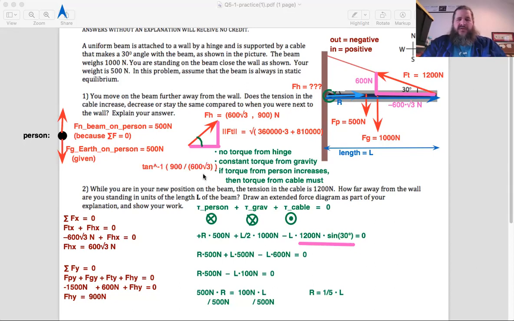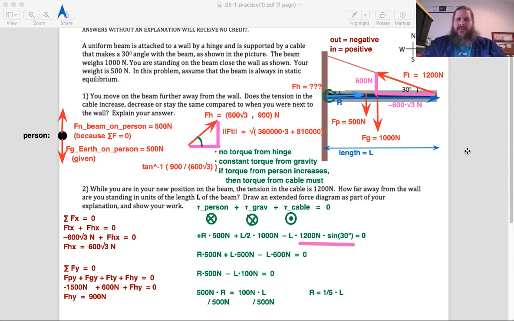So 900 over 600 root 3, take the inverse tangent, and that'll tell you the angle of elevation of that force of the hinge. So that's the magnitude and the direction, and that tells us everything we need to know about that hinge force, which we could then include on the diagram. You'll want to draw that to scale with the other forces that you've drawn in there.